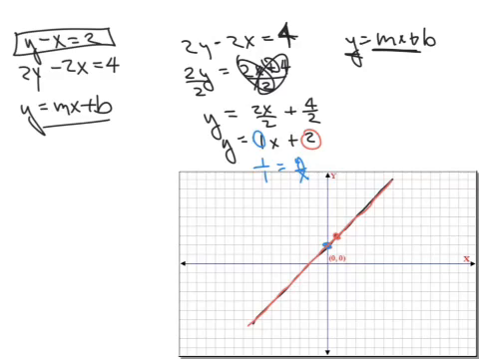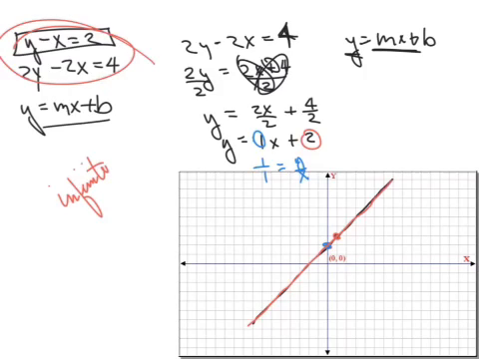So when you have two equations like this, and when you graph it, you have the same line, one line on top of the other, you have an infinite number of solutions, because what I'm interested in is at how many places do these two lines cross? Well, at every point along here they cross. So there's an infinite number of solutions here. And that's pretty much it for lesson 81.